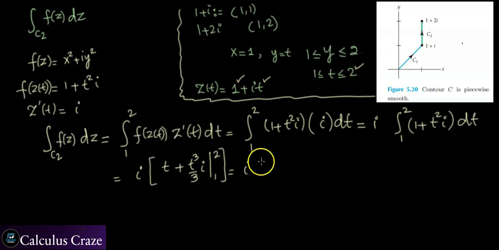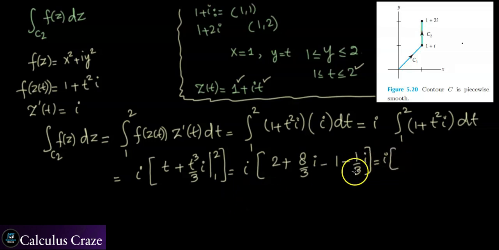When you apply your limits, you substitute 2 plus 8 over 3, times I, minus 1 over 3, times I. You simplify this: I remains over here, so 2 minus 1 is 1, and plus 7 over 3 I. When you multiply I inside, you have I minus 7 over 3, right? If we haven't made any mistake.